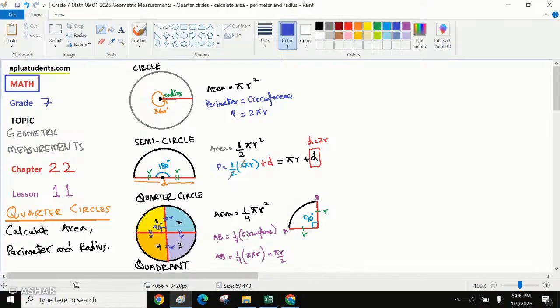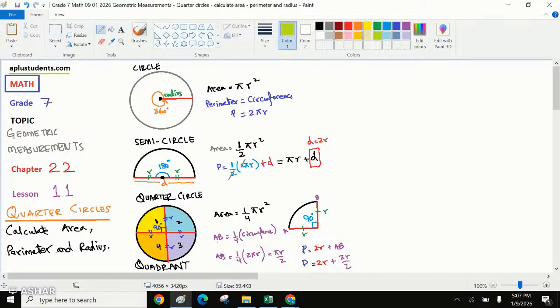That means the perimeter in this case would be equal to 2 lengths of radius plus the length of AB. So perimeter is equal to 2 of radius plus the length of AB, and the length of AB was pi r upon 2.